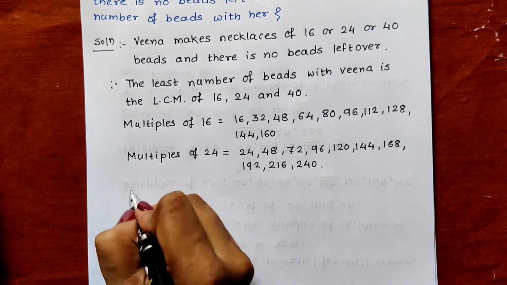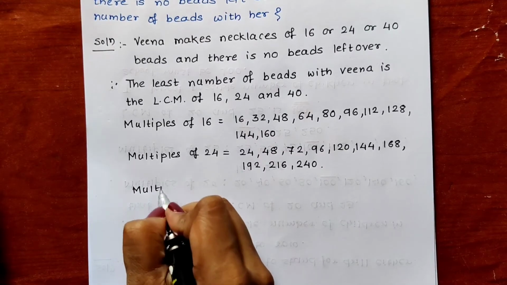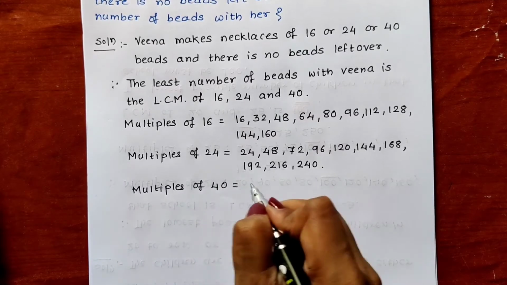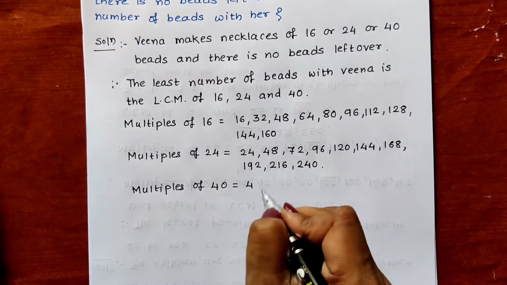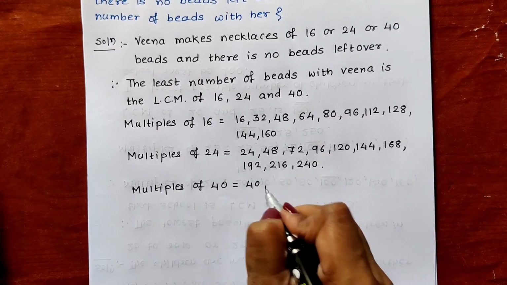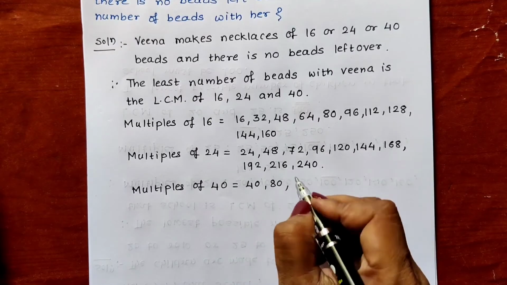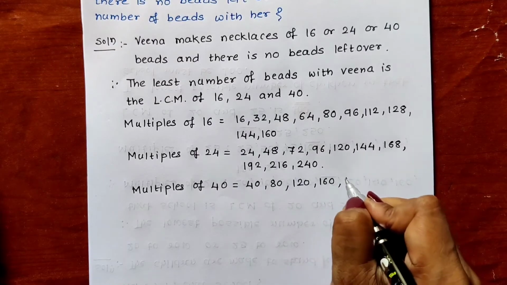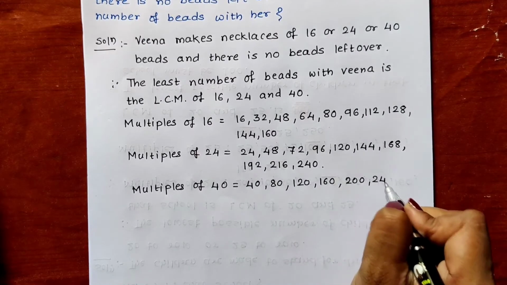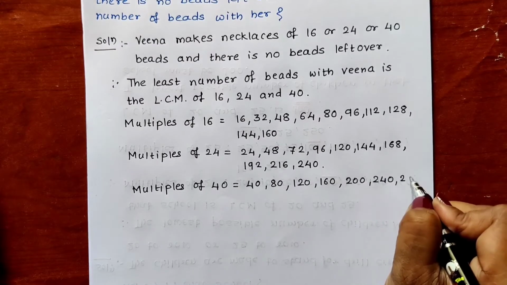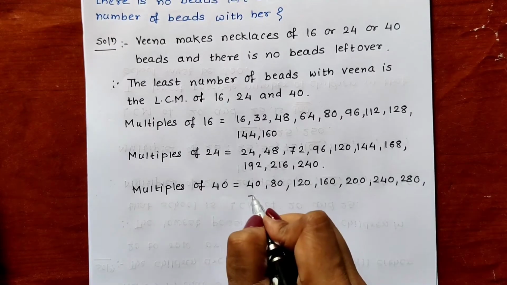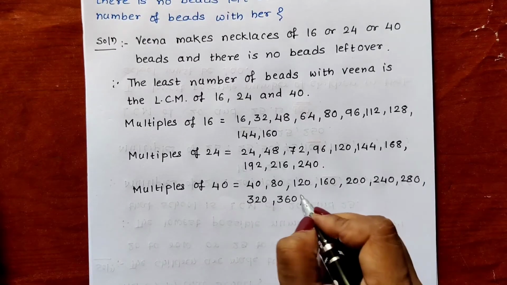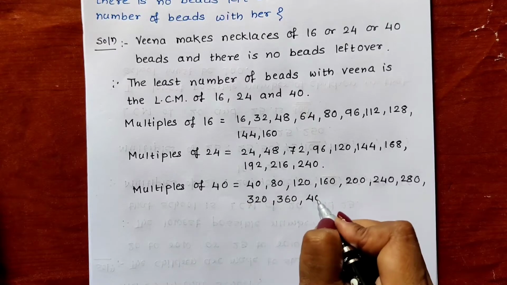Now multiples of 40. We can write the 4's table and then write 0 in front of it. 4, 8, and 4 tens are 400.